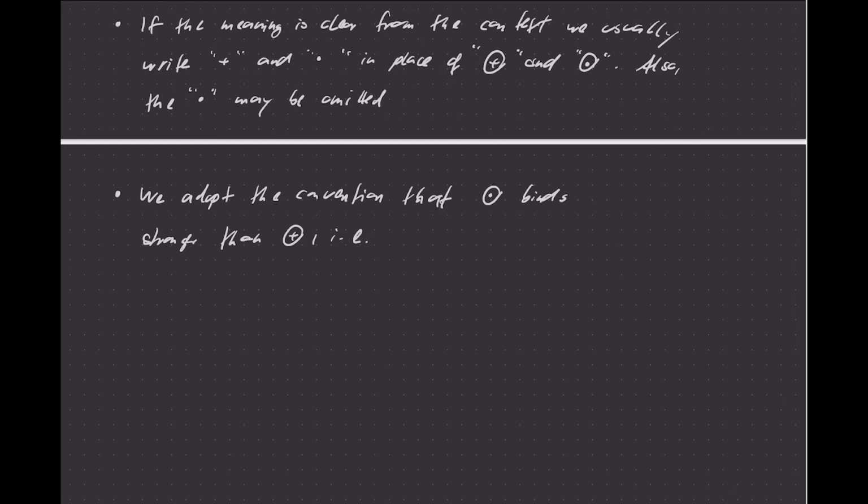And what I mean by that is an expression like lambda dot a plus b means, more precisely, lambda dot a first, because the dot binds stronger, and then sum the result with b. Same as with the real numbers. Again, you're used to that.